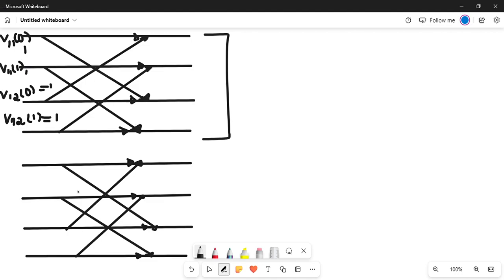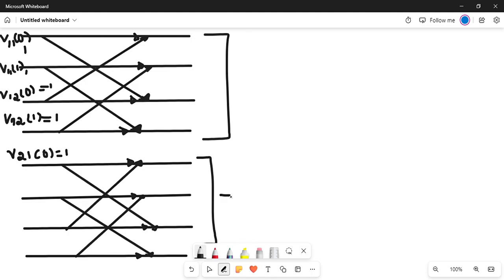So this is how we are supposed to write, and here it is omega, v21 of 0, which is equal to 1, and you're supposed to write a diagram like this. Okay, so this DFT is the combination of what? It is the combination of x of 1, x of 5, x of 3 and x of 7, right?